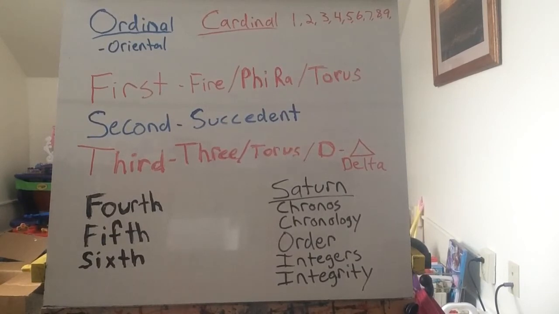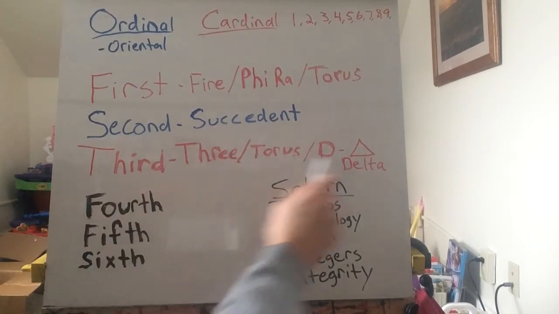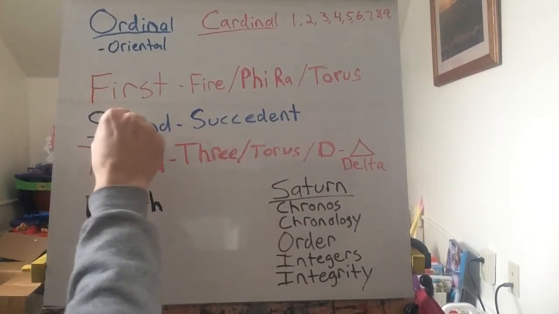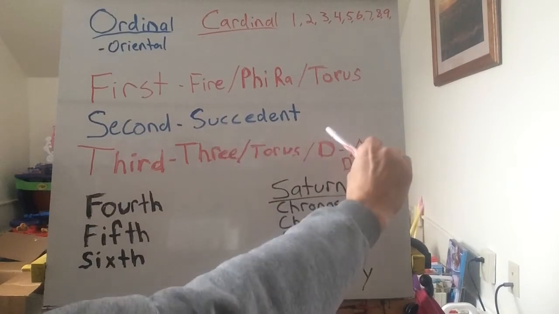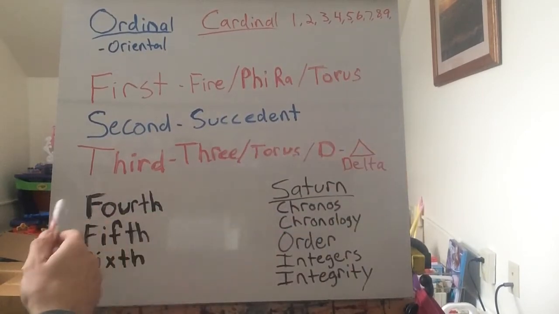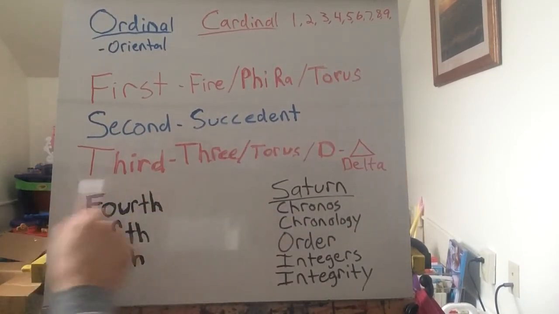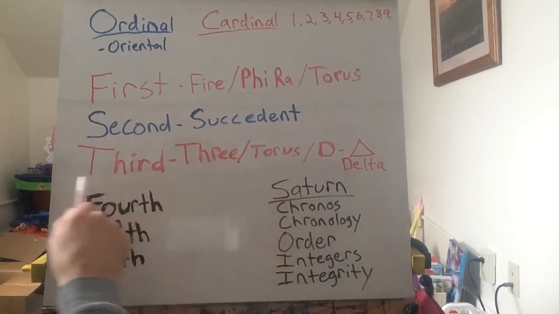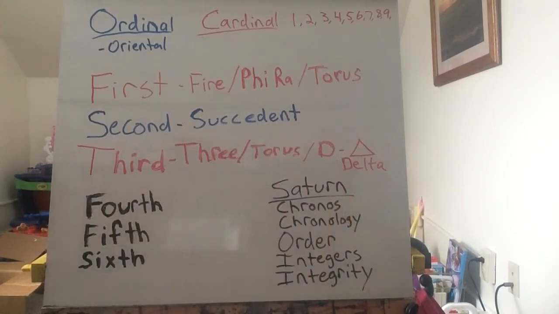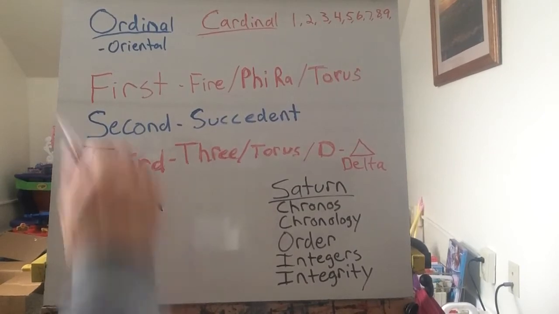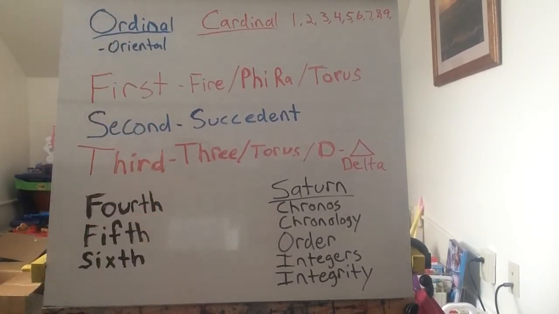And change is, in astrology, associated with mutable energy, which is the third. It's cardinal, fixed, mutable. Mutable is the cadent houses. So I think this third is very much tied to 3 and tor, and then D represents change and mutation in the field. And then from there we get all just straight down into the cardinal numbers with the th at the end to turn them into ordinal numbers.